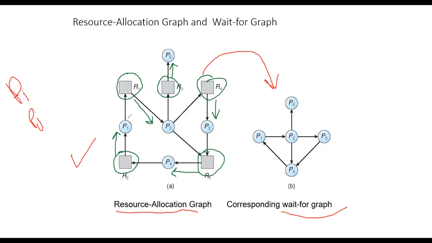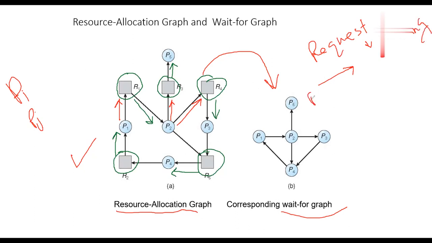You know, dear students, that P1 is also a Pi because it's waiting for R1, where P2 is waiting for R3 and also R4, because this is a request edge. And the request edge represents waiting.